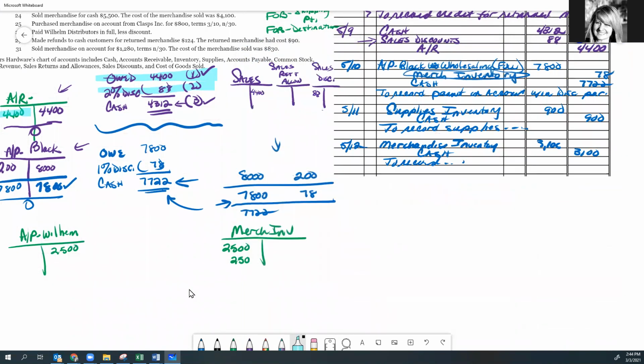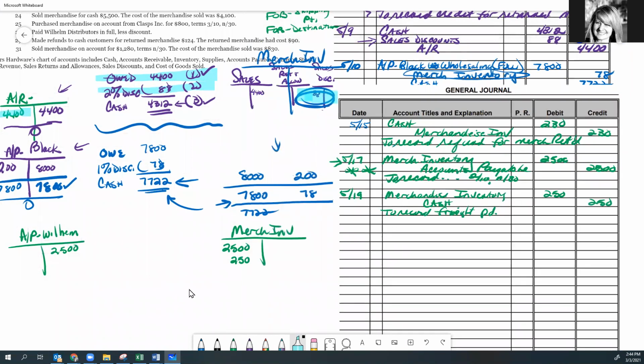So we are recording under the perpetual method. So we sold merchandise for cash, and we have to record two transactions. We have to record first the revenue, and second the expense, which is called cost of goods sold.